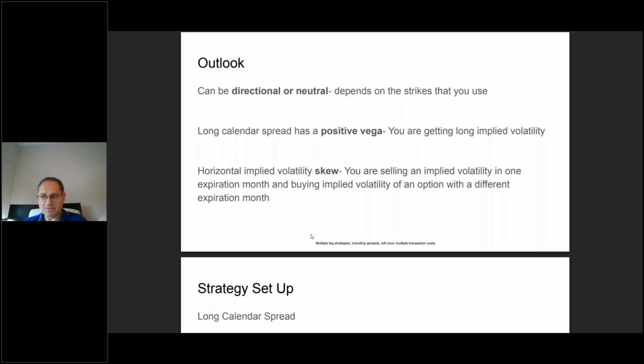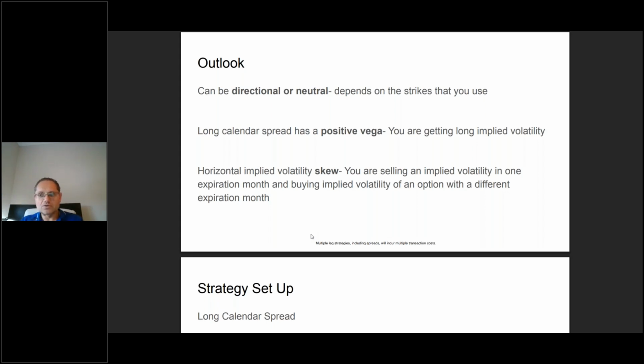Because you're doing two separate options, you're selling one option in one expiration and buying another option in a different expiration, well, the implied volatilities could be different. One could be higher than the other, and typically they're not the same. Options have a vertical skew, where the implied volatilities are different by strike.